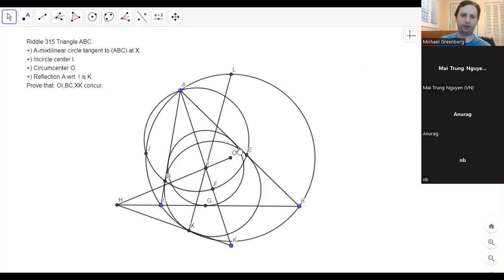Because if we let OI intersect BC at H, and we let XK intersect it at H prime, if we can show the cross ratios are the same, that would solve it. So yeah, maybe we could show that.